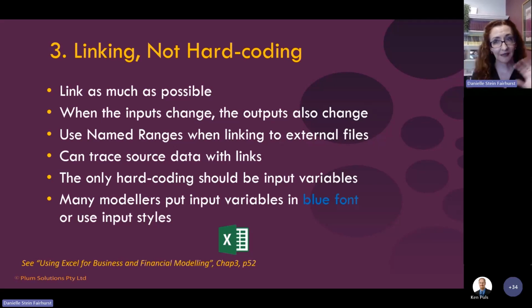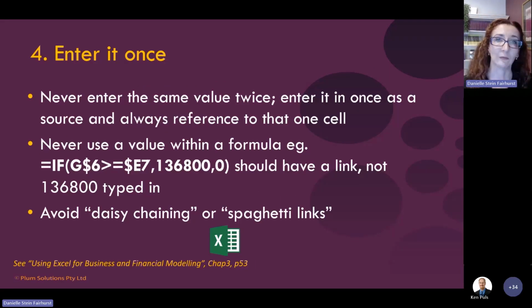Try not to link to external files, but if you do, try perhaps using Power Query instead, or using named ranges. They're a bit more robust than just using a random link. Being able to trace the source data. So we'd say, the only hard coding should be input variables, and we put them in an input style or using a blue font.